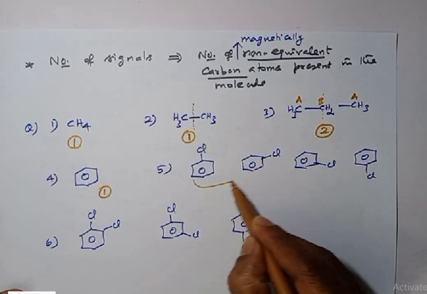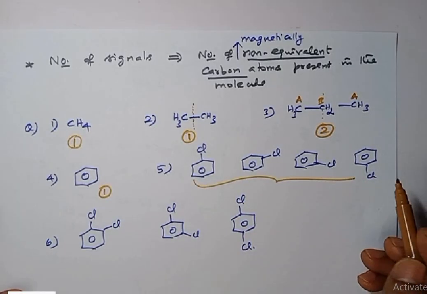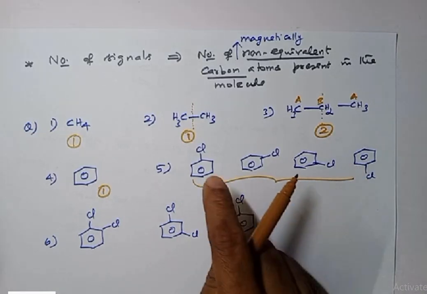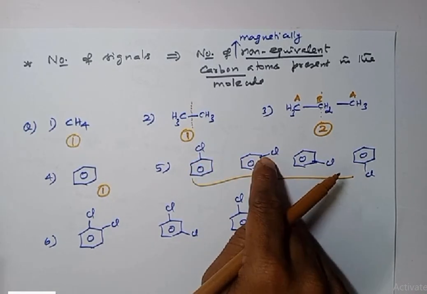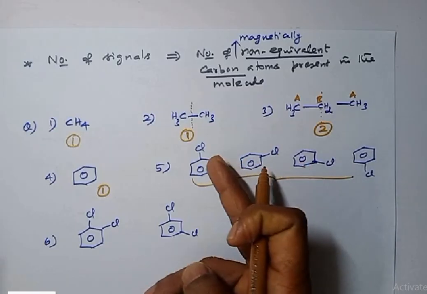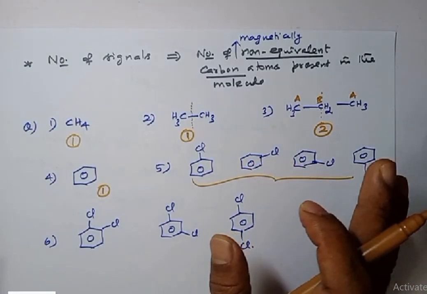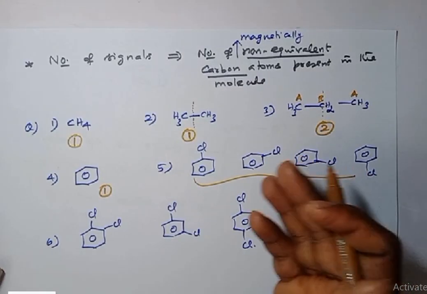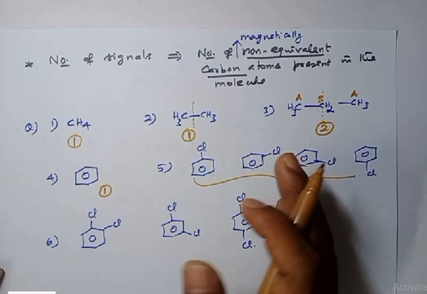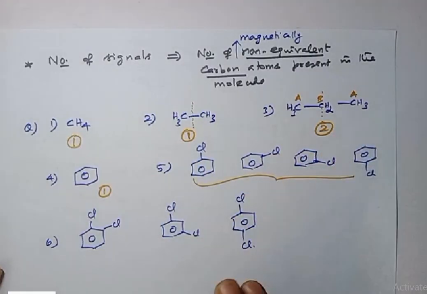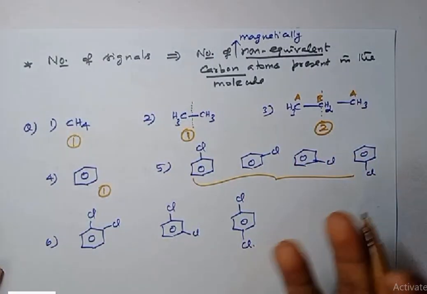And for these species, listen, I have given these just to help you understand. Just by drawing chlorine here or here, sometimes we may think that this is chlorobenzene, this is orthochloro. Observe carefully. You are all MSc, so you know the difference, but keep this point in mind. All these compounds are one and the same. I have drawn them in a different direction, that's all.